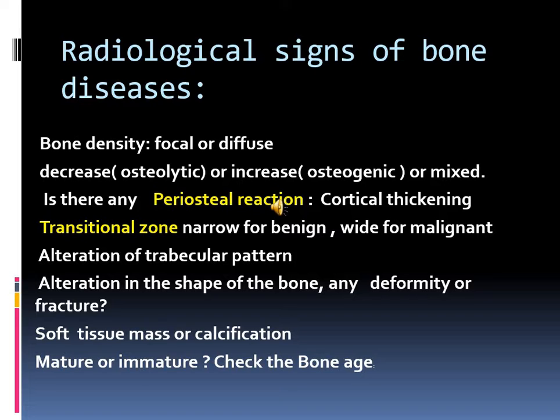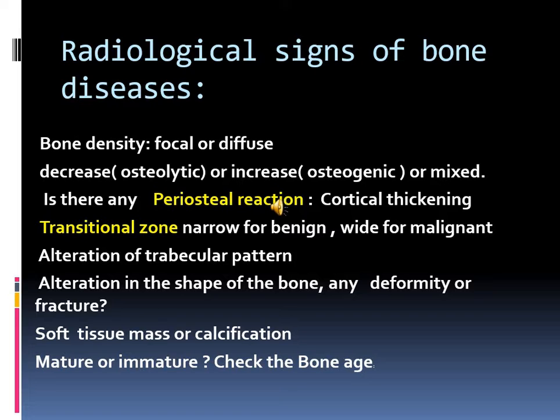An important feature also to look for is whether there is any associated periosteal thickening or reaction seen in the film. Also, you should try to check the growth of the pathology, if there are any features of a benign or malignant tumor, according to the transitional zone, as we will mention later on.